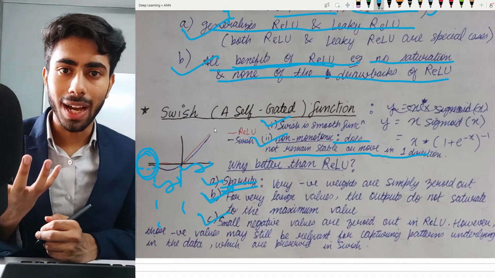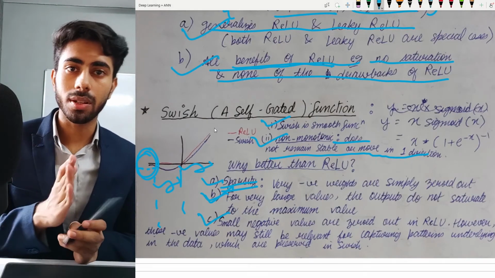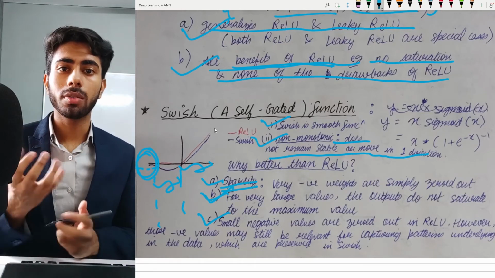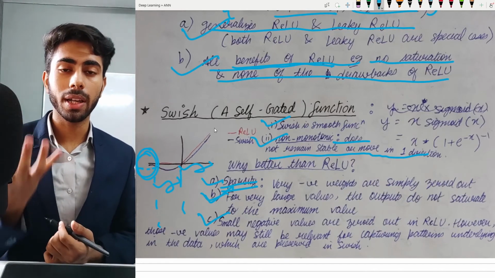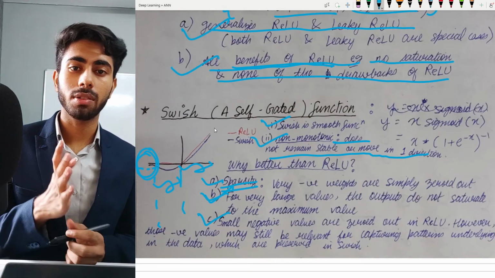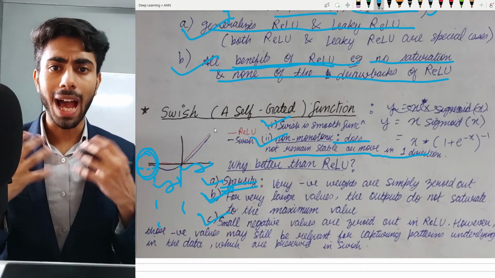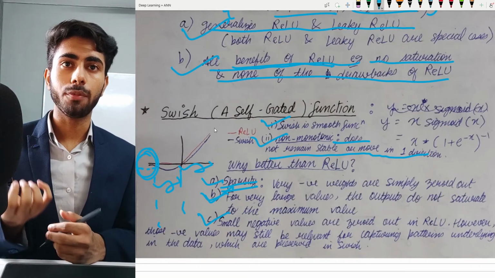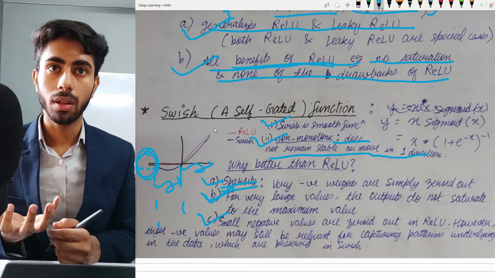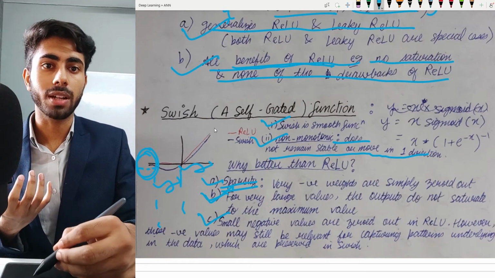Because of that, the Swish activation function does not have the dying ReLU problem, and the neural network that has the Swish activation function is also able to analyze patterns where the outputs from the pre-activation step are negative. So that is the benefit of the Swish activation function.